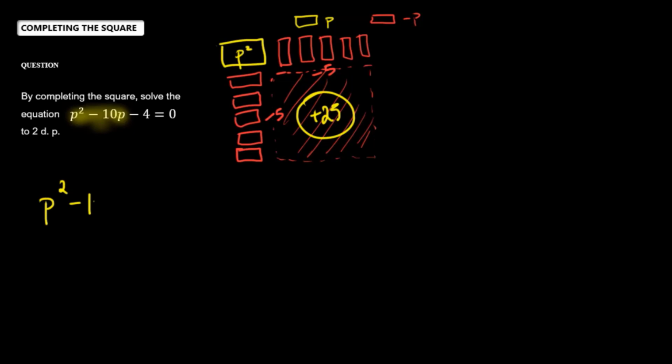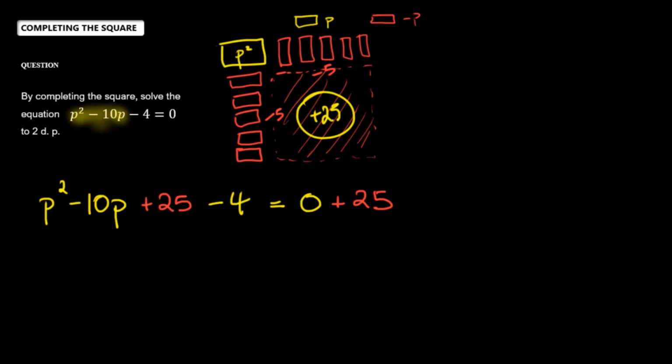So it would be p squared minus 10p plus 25. Now I'm going to put back the rest of my equation, my negative 4. And remember, because I added 25 here, my equation isn't balanced. So to make it balanced, I need to write a plus 25 on the other side. Now my equation is balanced.